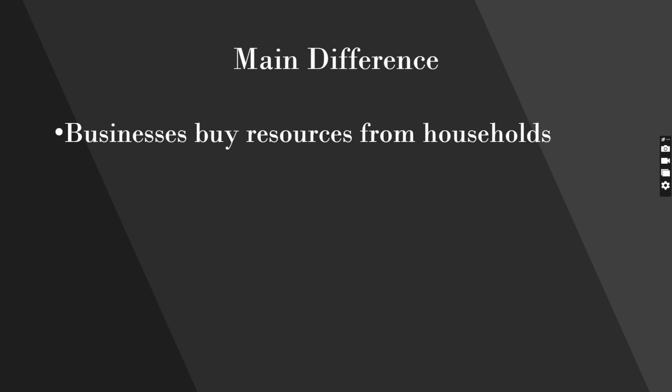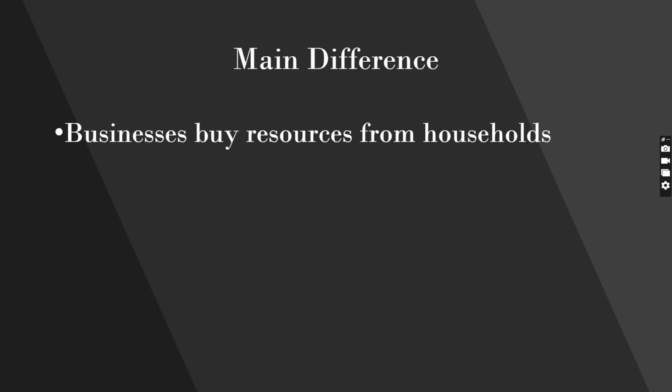We learned about production and cost in Unit 3. We learned about supply and demand and product markets in Units 1 and 2. But now we're going to be thinking about things slightly different. Because when it comes to resources, businesses are the ones that buy resources, not households. Households or consumers supply the resources to firms.